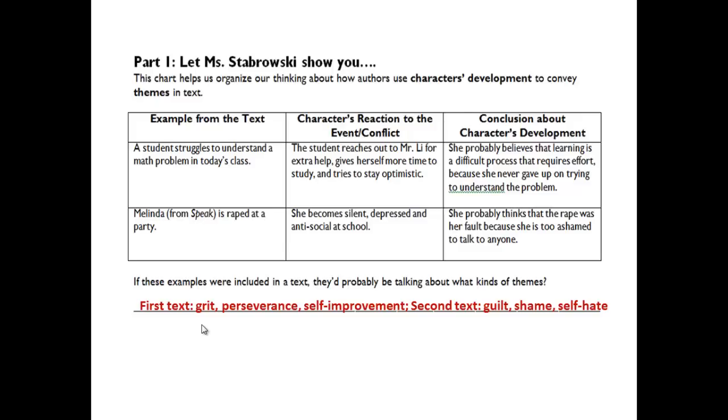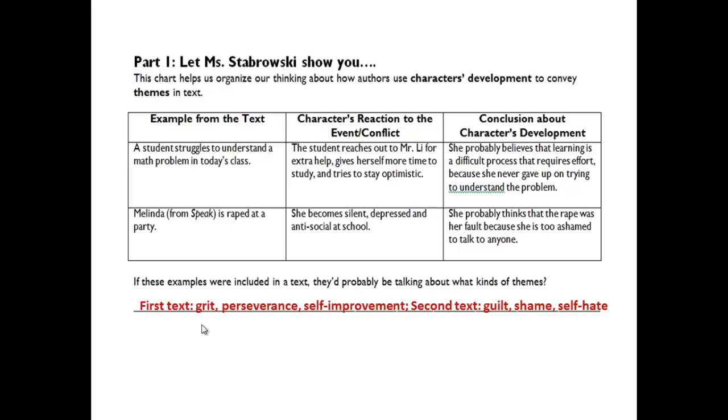She believed in perseverance, overcoming something after multiple tries, and she believed in self-improvement. These are lessons that we could learn if this was a short text we were reading. In the second text, Melinda from Speak is filled with guilt, shame, and self-hate. These are possible themes or issues that are going to be discussed in this text, and as we know, in Speak, these are major issues that Melinda struggles with.